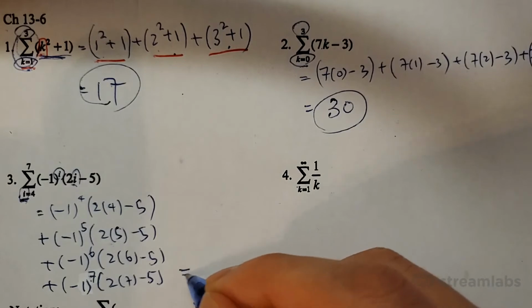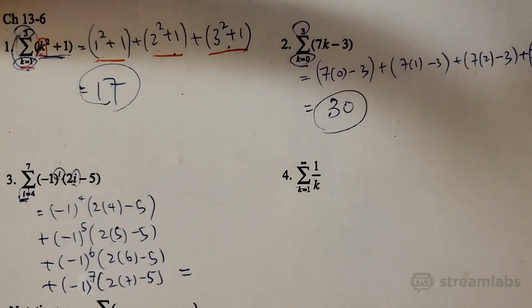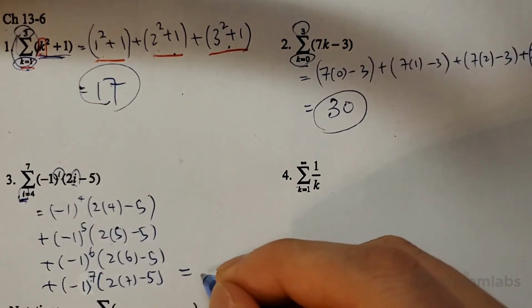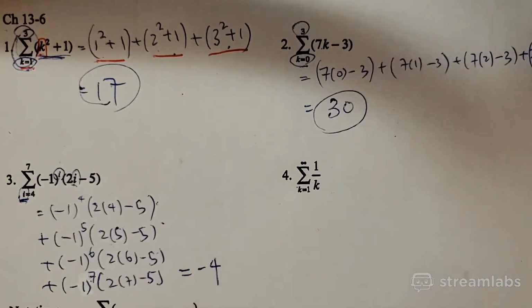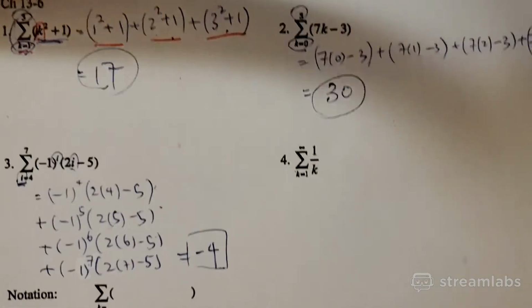Which turns out to be, you add them up, negative 4, I think, right? Do the inside part first, right? I think it's negative 4.